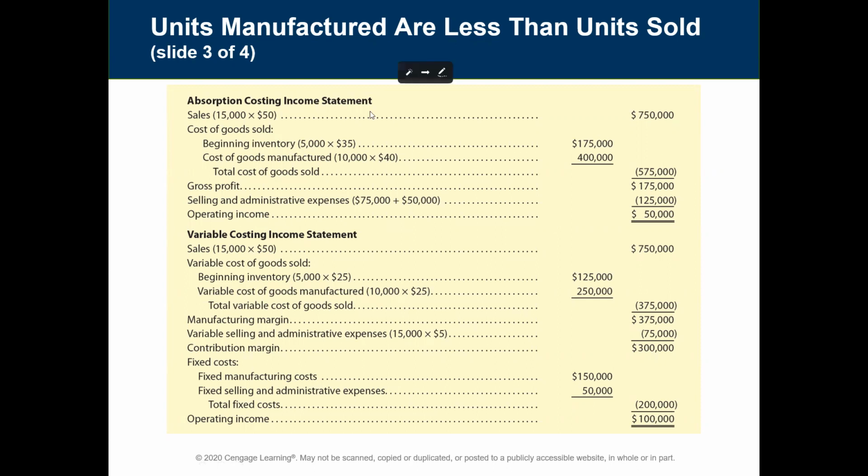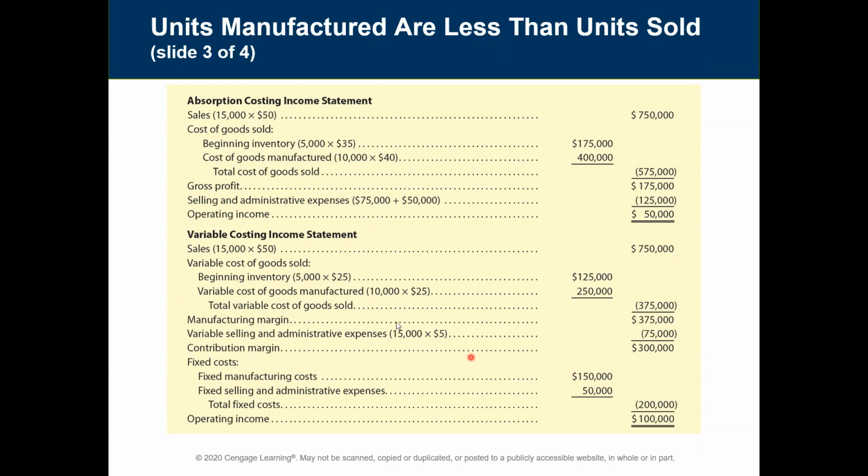We have sales of 15,000, but they only produced, how many did they produce? They only produced 10,000. And so they sold off 5,000 from their beginning inventory. Okay, so they sold the 5,000 from beginning inventory. They made another 10,000 and they sold all of those.